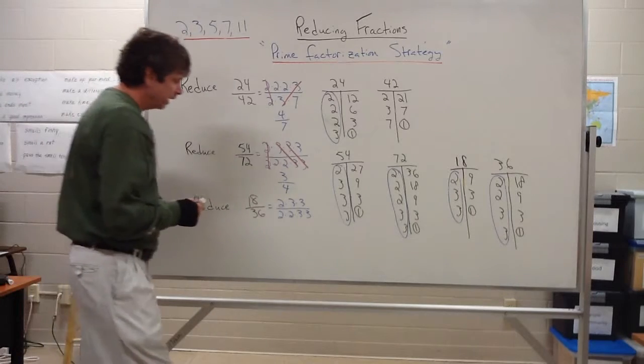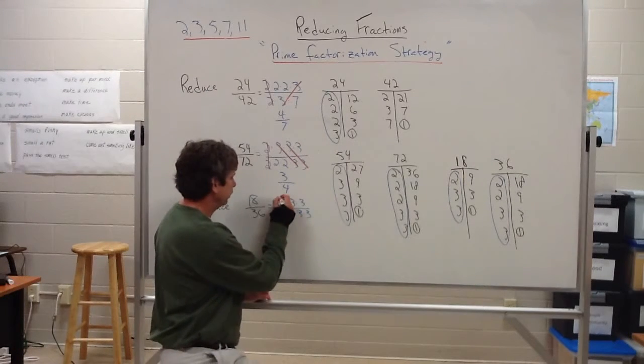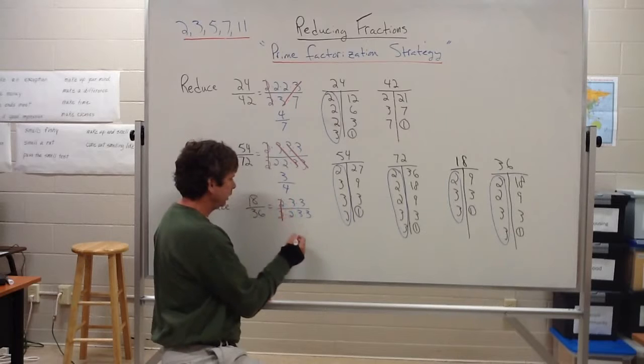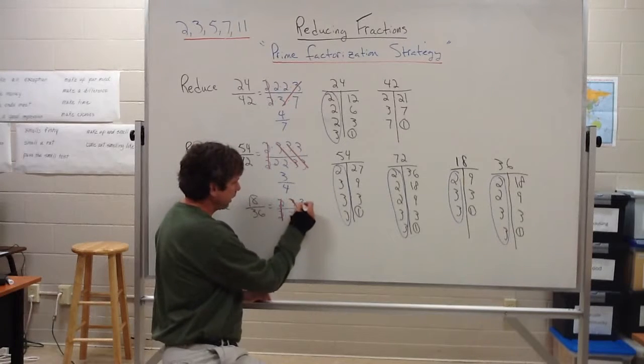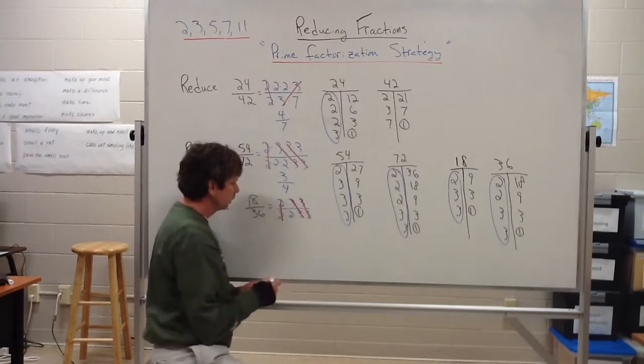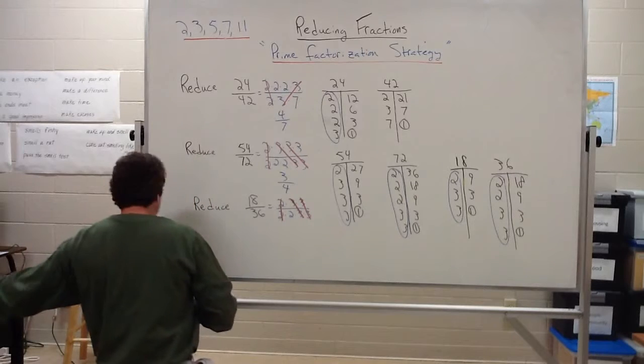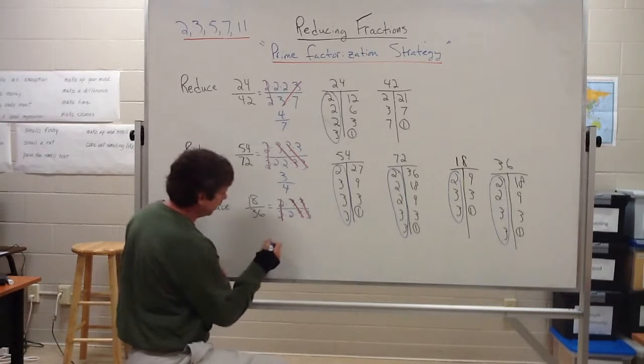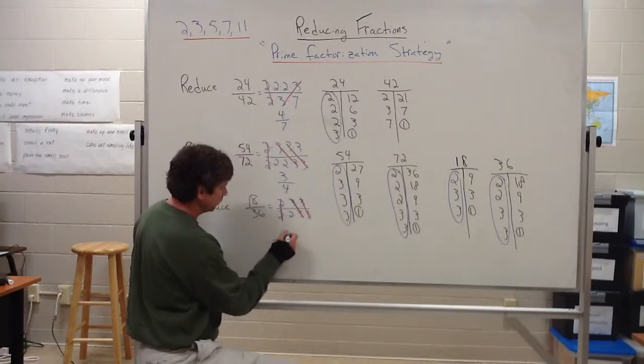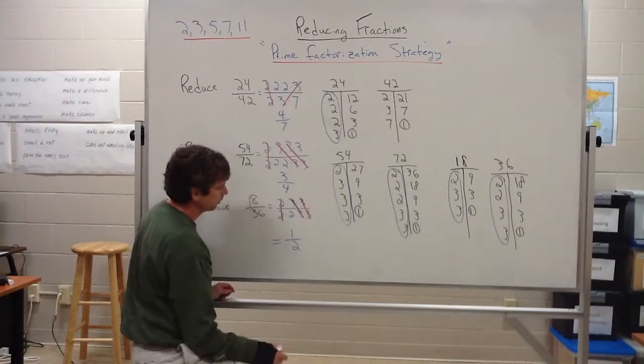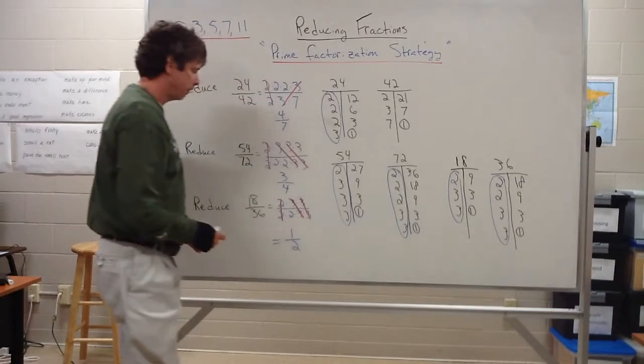Now we look to divide out any factors, and we know that 2 divides into itself, so those 2's divide out. These 3's divide out as well. So what we see is there's nothing left in the numerator, so use a 1 as our placeholder there, and then we have a 2 on the bottom. So our answer ends up being 1/2.